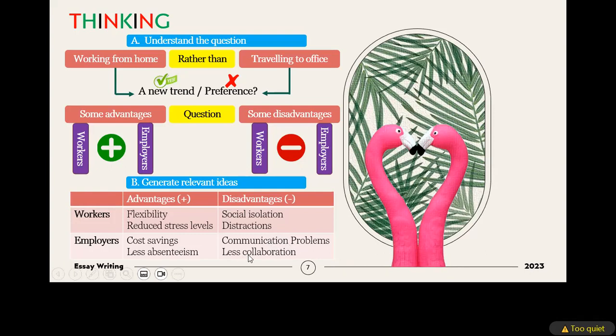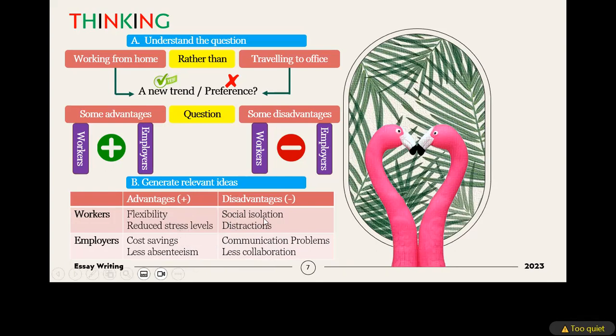And less collaboration. Collaboration means people working together. Now if you are online, normally you work on your own and you do not work with other people. Okay, now this is one of the disadvantages. So I didn't spend too much time thinking about these ideas, and I opted for very simple ideas that I can talk about.